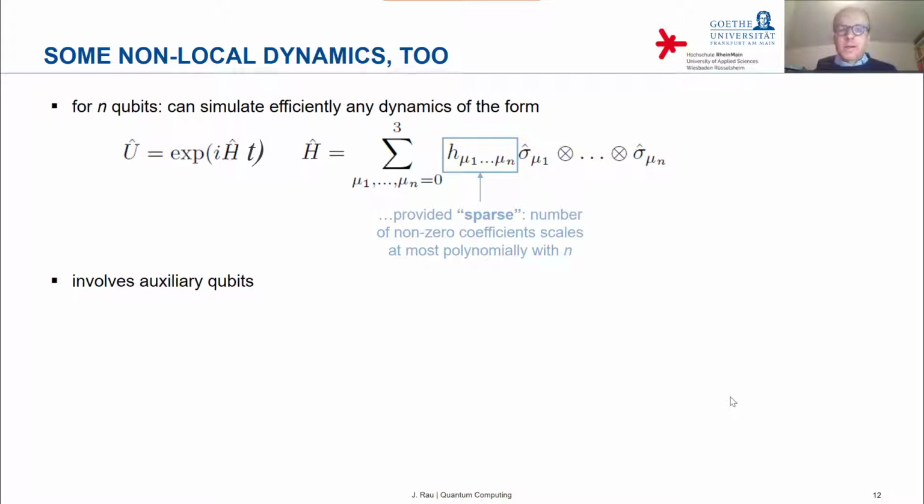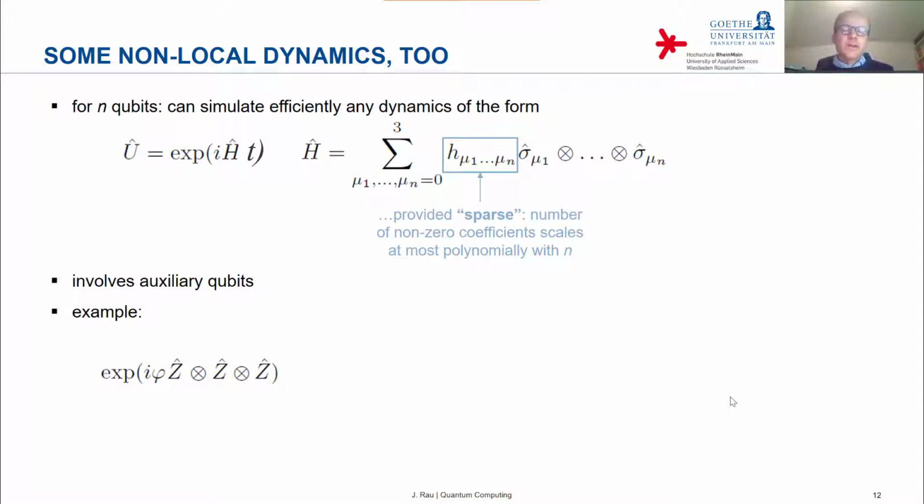And I would like to illustrate that to you with a simple example involving 3 qubits. I would like to show you a circuit that affects the time evolution, or a unitary transformation. Here I don't have the time variable t in the exponent, but instead I have an angle phi.